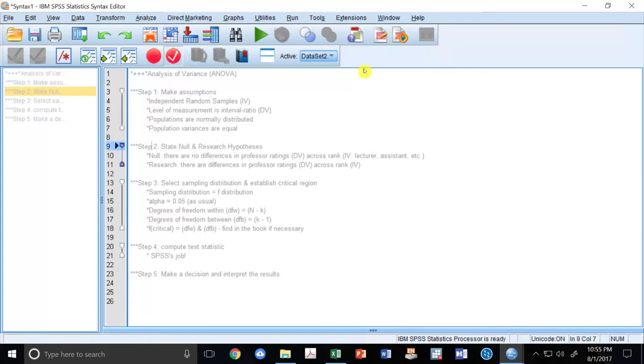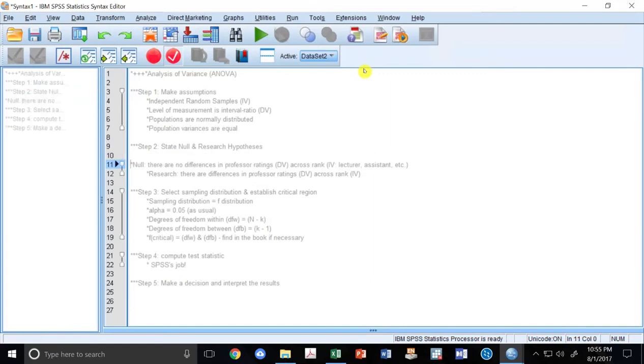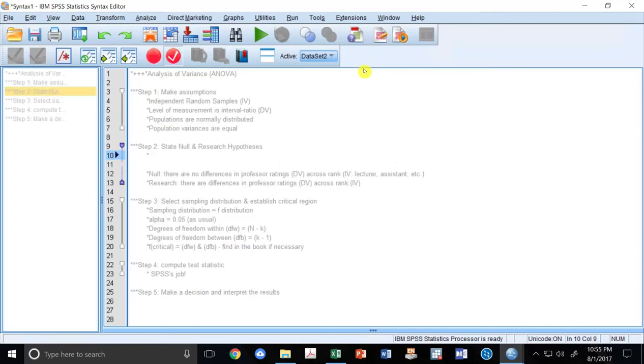Second step here, state the null and research hypotheses. So I always follow my null and research hypotheses after a research question, and I'll type this out.